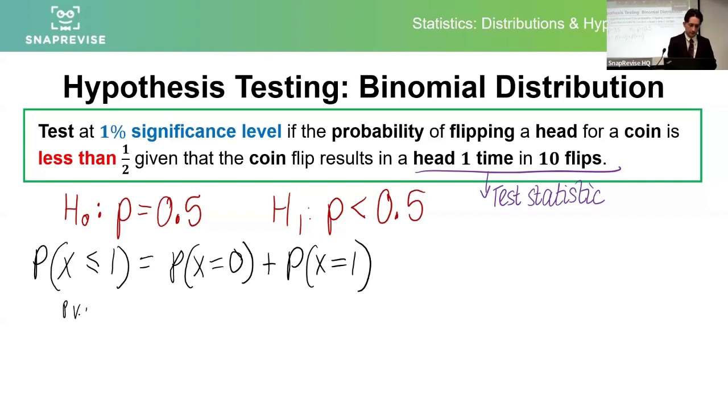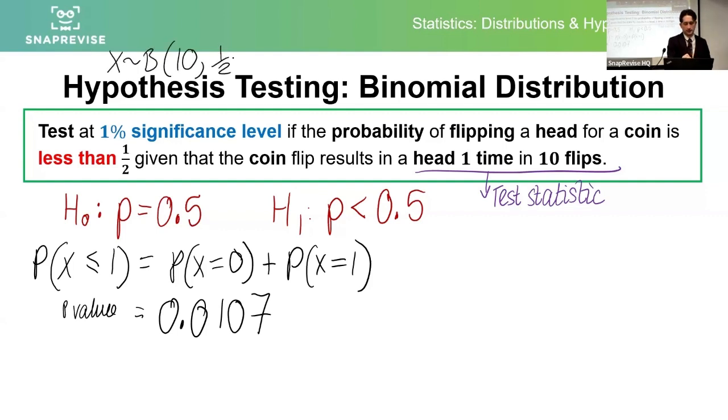So the p-value we get equals, if you do that on your binomial cumulative, less than or equal to 1, you should get 0.0107. So bearing in mind, this was a binomial distribution with n as 10 and p as a half and x as 1, less than or equal to 1.